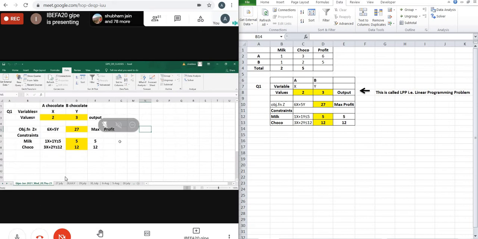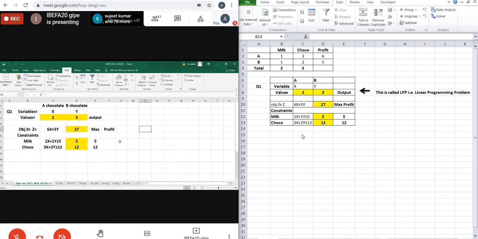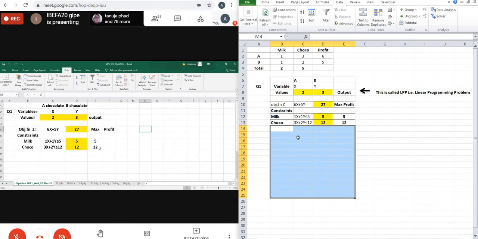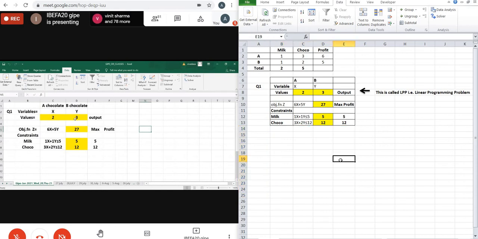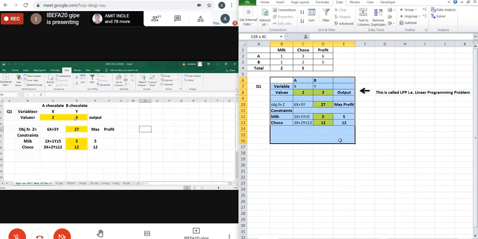Sir, can't we just increase the inputs? What do you mean by input? Milk and chocolate, sir. Perfect. Because 5 units milk and 12 units choco are used for 5 biscuits, isn't it? Now, no more milk and no more choco available. So from a marketing point of view, suppose he says 10 units of milk available.